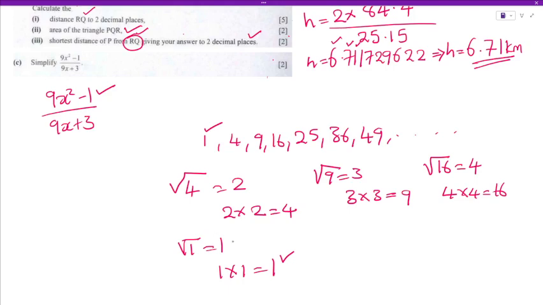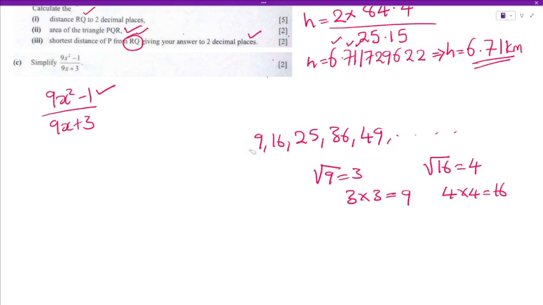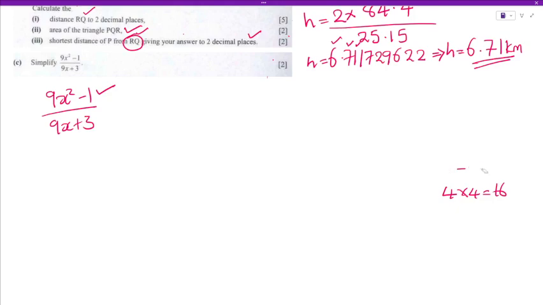You can't do this with any other number, like 2, 3, 5 or something. So 1 is a special perfect square. And in most cases students forget this. That's how come they get some questions wrong, like this one here. If you're not careful, you think 1 is not a perfect square and you lose it.